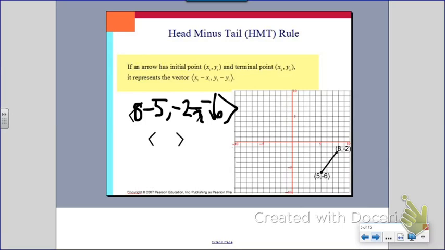Initial is where we start, terminal is the direction the arrow shows at the end, and it's always in that order. So this would be a vector ordered pair of, again, minus a negative plus a positive, <3, 4>. So this shows you a different spot from when we originally started. 0, 0, 3, 4 is another place, but you can move this anywhere you want on the graph. As long as it has the vector ordered pair of <3, 4>, it will work.